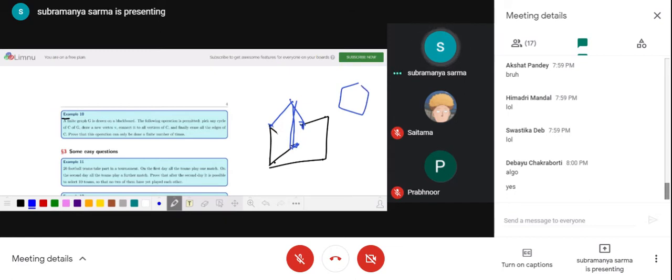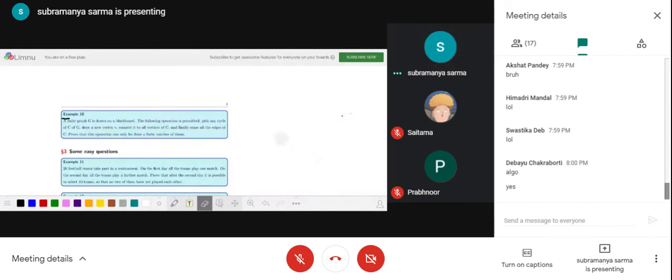This is not true, because say for instance you have a cycle like that, and you delete this and this, and you introduce a new vertex connecting these, then you will notice that you actually have more cycles here if you look at this carefully. So if you try a few examples, you'll notice that the number of cycles may not reduce as you may want.